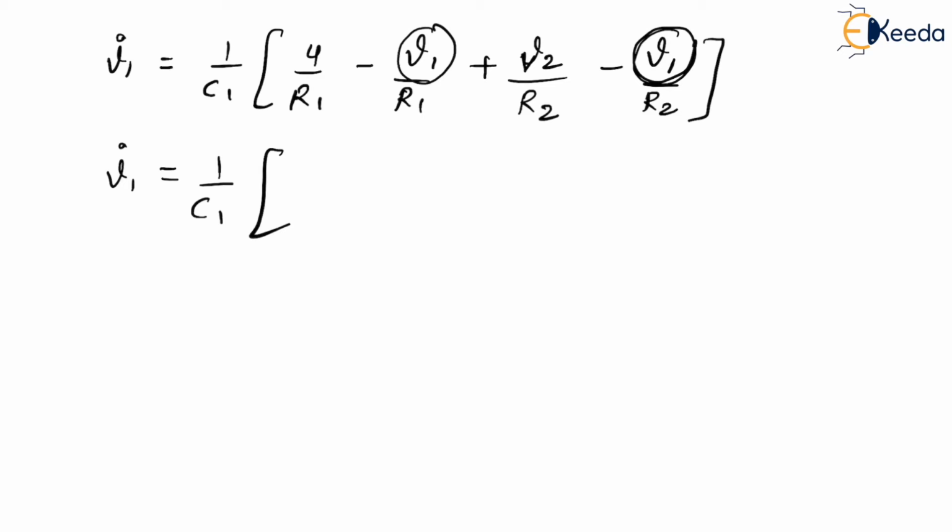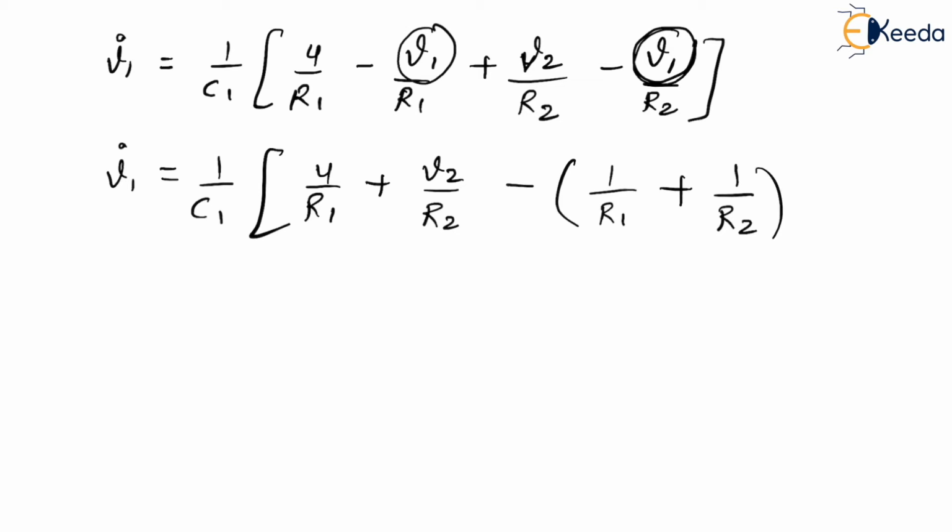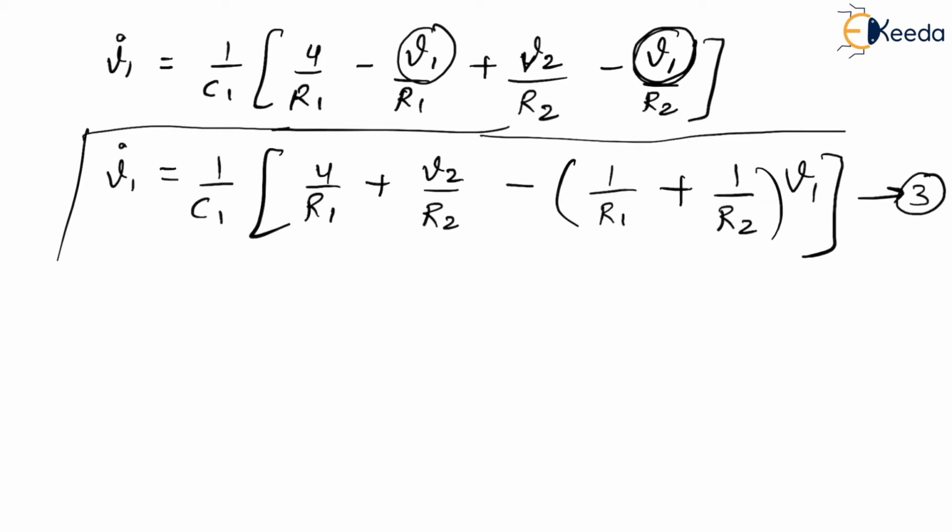So let me take them that way: U by R1 plus V2 by R2 minus (1 by R1 plus 1 by R2) into V1. This is a simple mathematical calculation, right? Let me call this equation 3. This is the equation that we have got.